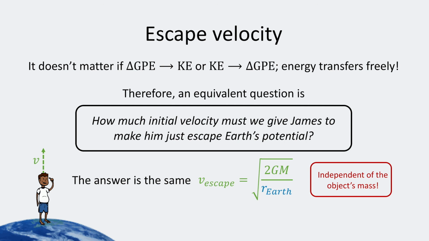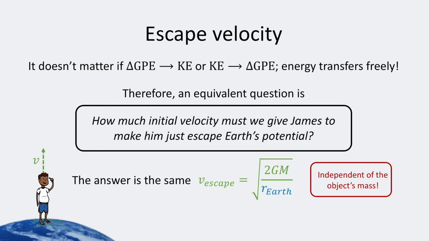This is called the escape velocity, and it's called that because it is the velocity that an object needs to escape Earth's potential. And interestingly enough, you can see that the escape velocity is independent of the object's mass. It only depends on the mass of the Earth and the radius of the Earth.